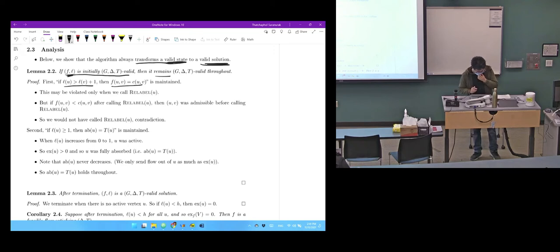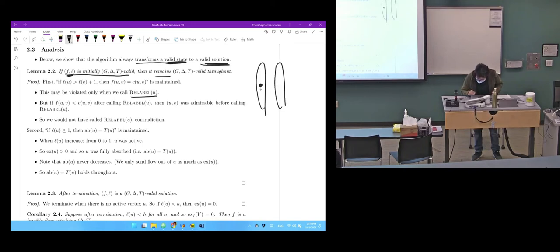So let's assume that it is maintained. This can be violated only when you increase the level of a node, right? If this is U, and it used to have something like this, now if you increase the level of U to here, this edge is the one that might violate the invariant.